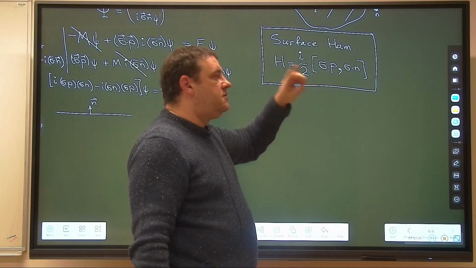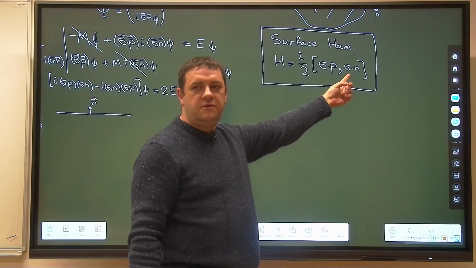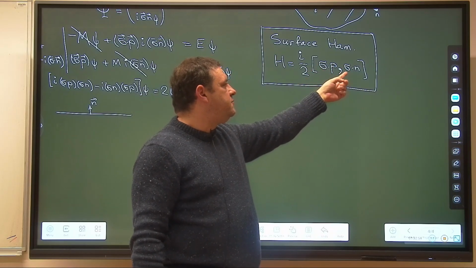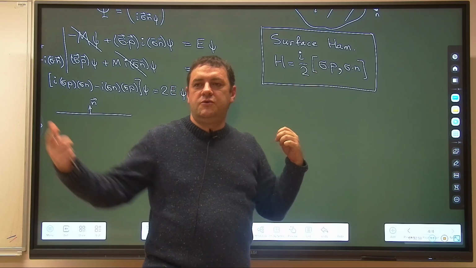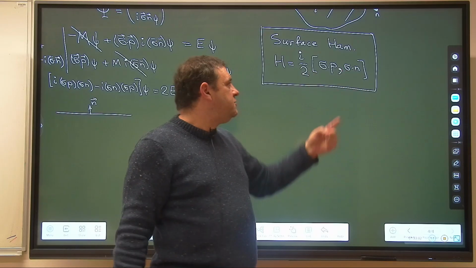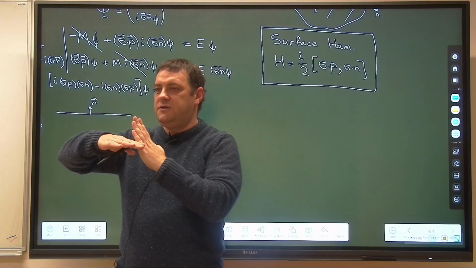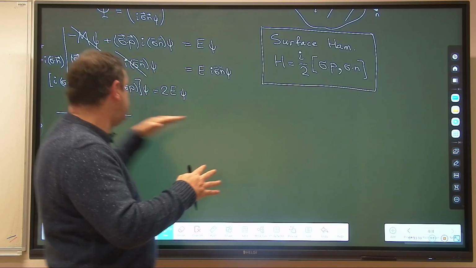So if n is a constant, there is only one sigma matrix here, no n. And since it's a commutator, only two other sigma matrices can appear, because a sigma matrix commutes with itself, so we need two others. Which means that only the components of momentum that are orthogonal to n actually appear in this Hamiltonian. That's why it's a surface Hamiltonian.